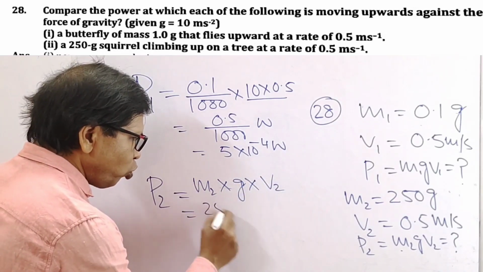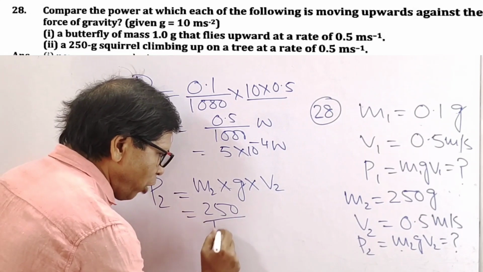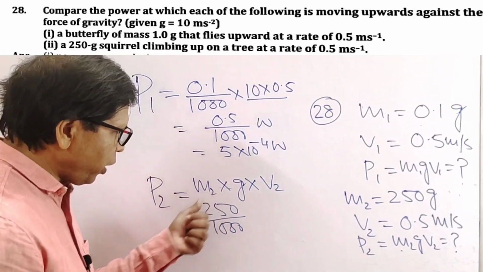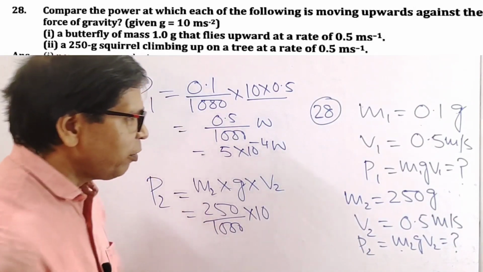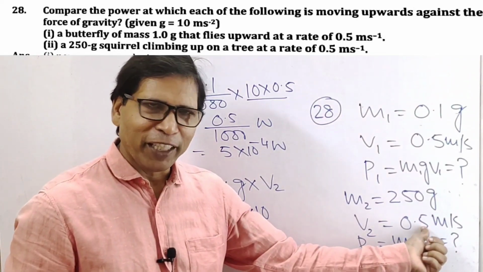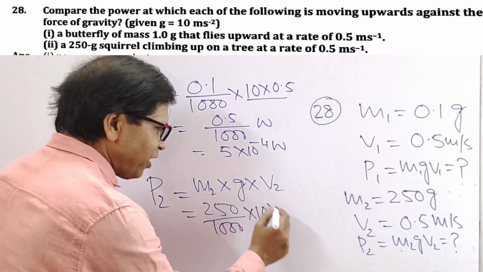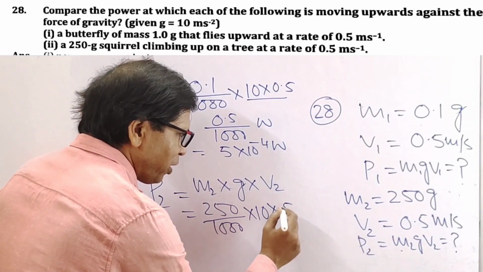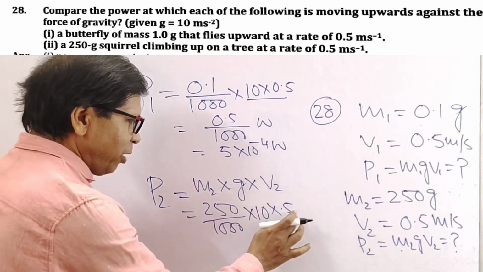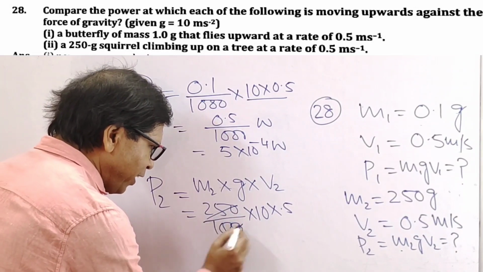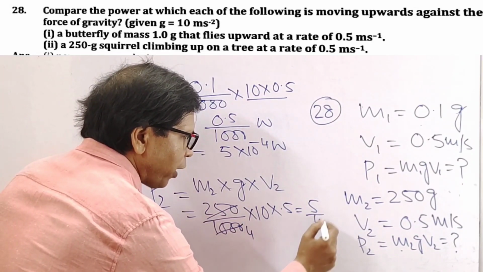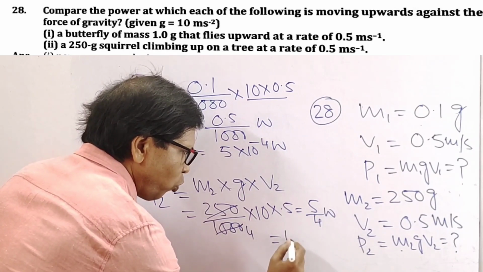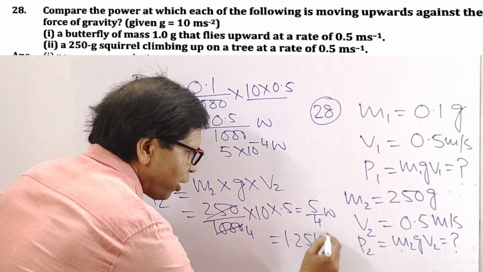So look at this, 250 gram divided by 1000, so it should be converted into kg. g is 10 and v2 is 0.5 meter per second. Look at this, this is 5 and this cancels out 4. So this is 5 by 4 watt. Therefore, this is 1.25 watt.